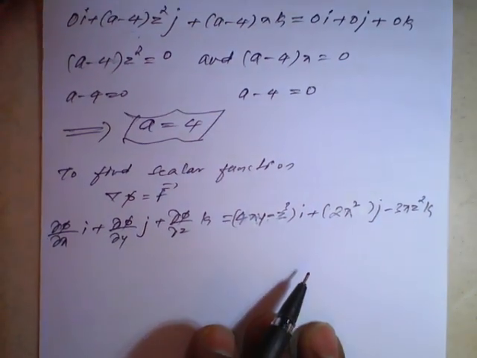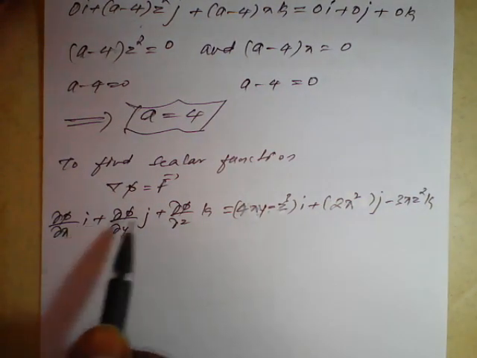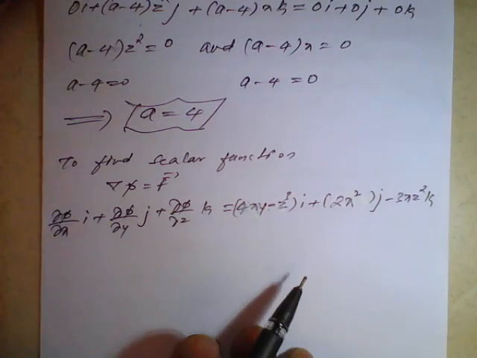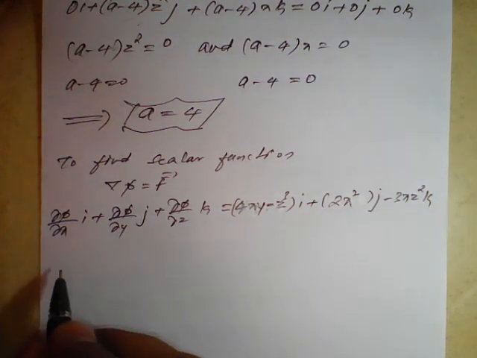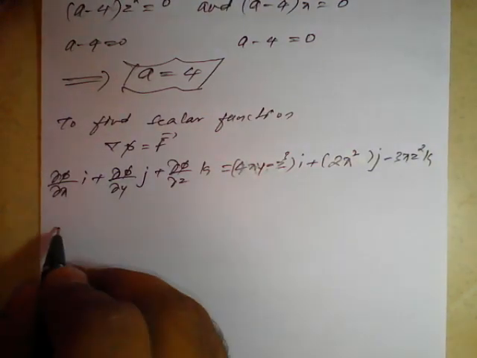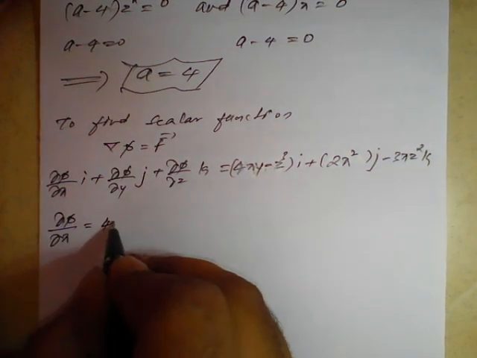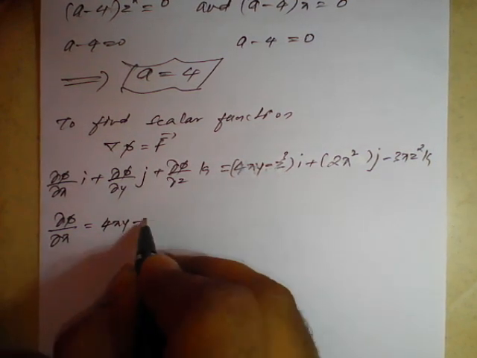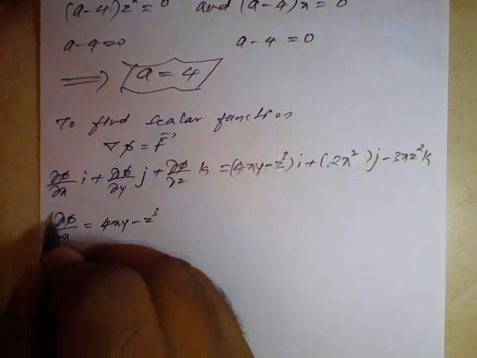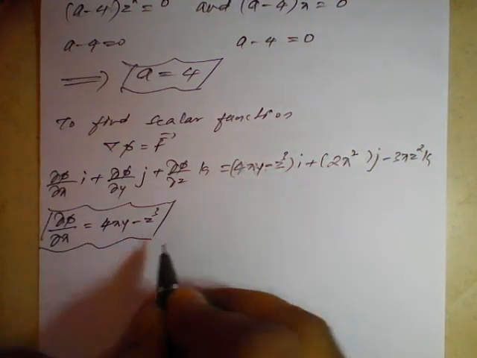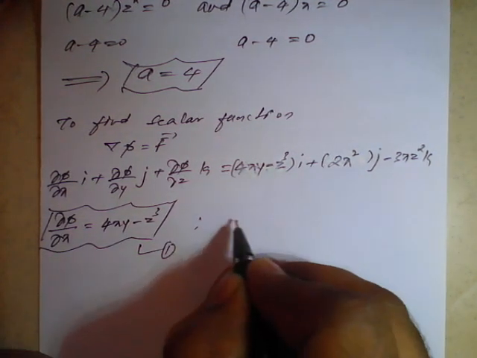Now on equating the coefficients of i, j, k on both sides, we'll get dou phi by dou x is equal to 4xy minus z cube, I'll give equation number 1.